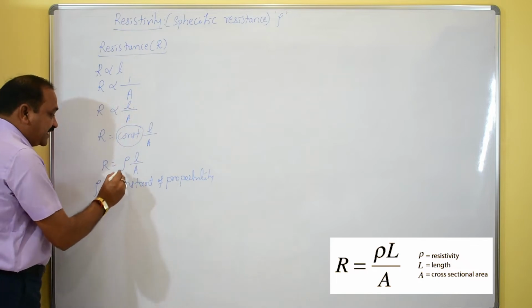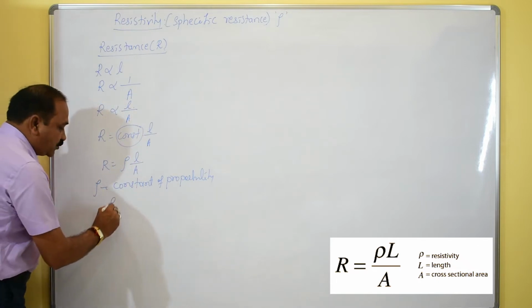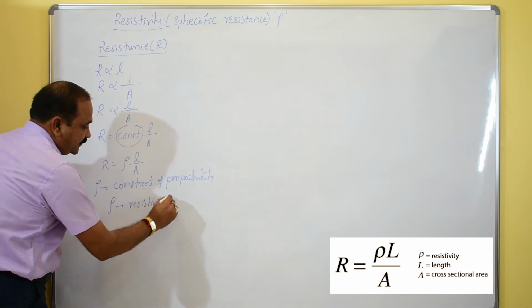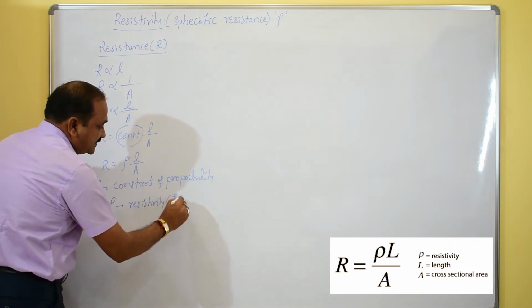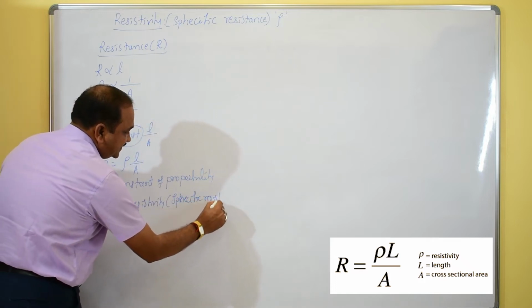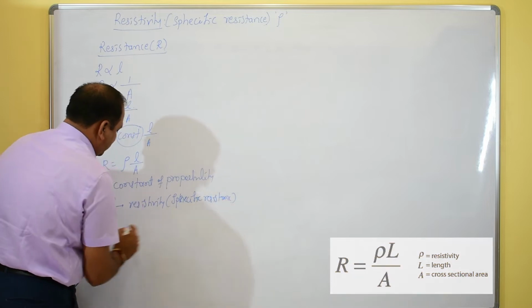So this rho is what we call resistivity, or specific resistance. That is a very important concept.